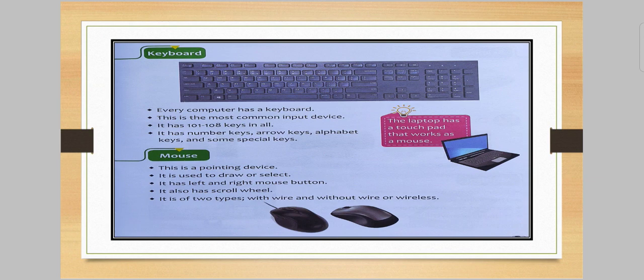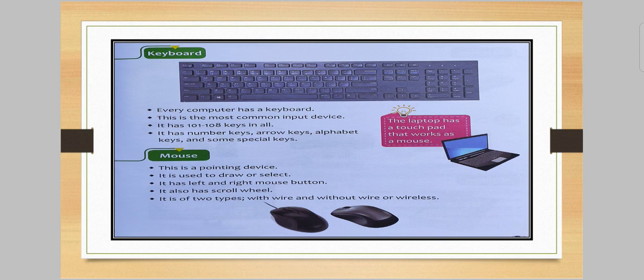It has 101 to 108 keys in all. It has number keys, arrow keys, alphabet keys and some special keys. And the laptop has a touchpad that works as a mouse.